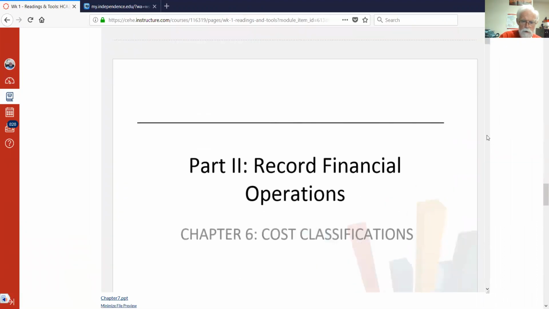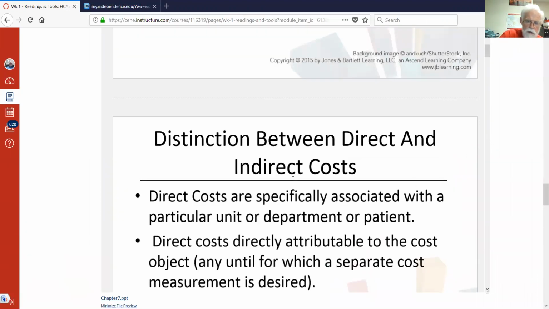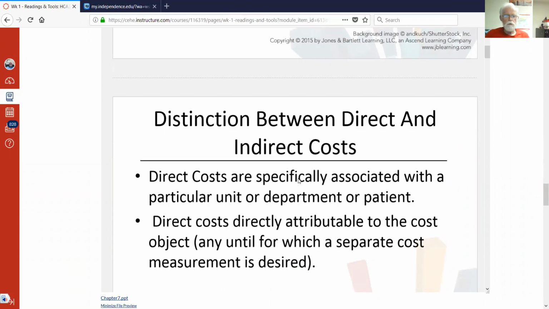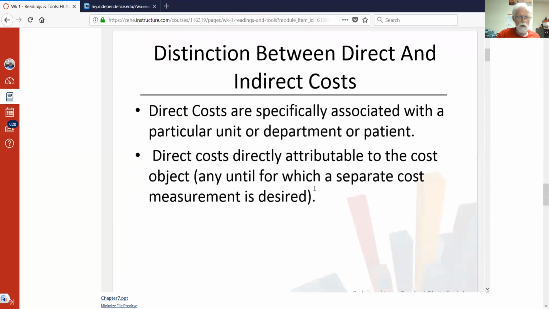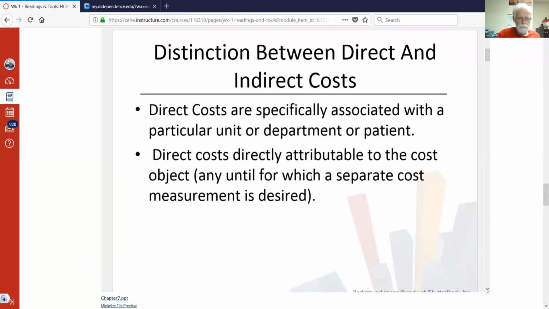the next chapter, which is cost classifications. So we're approaching, I'm going to keep going for a little bit. There is a distinction between direct and indirect costs. These are an area that is part of accounting and finance.